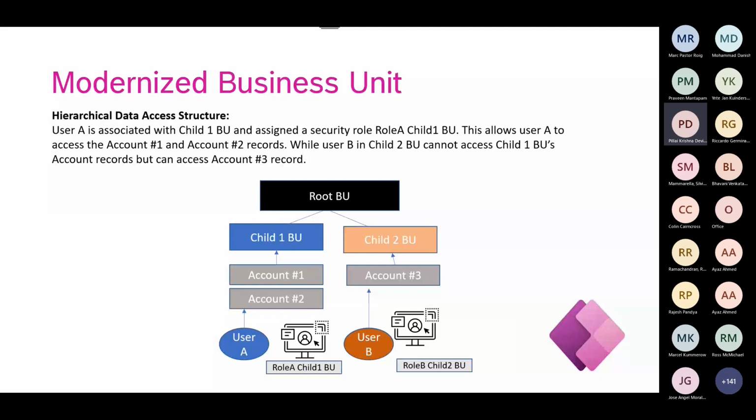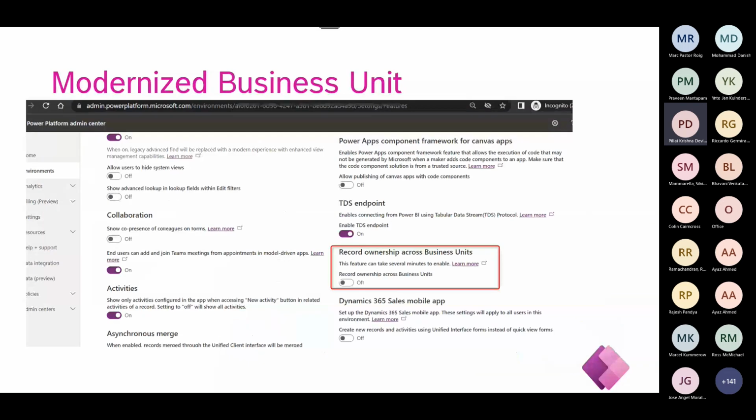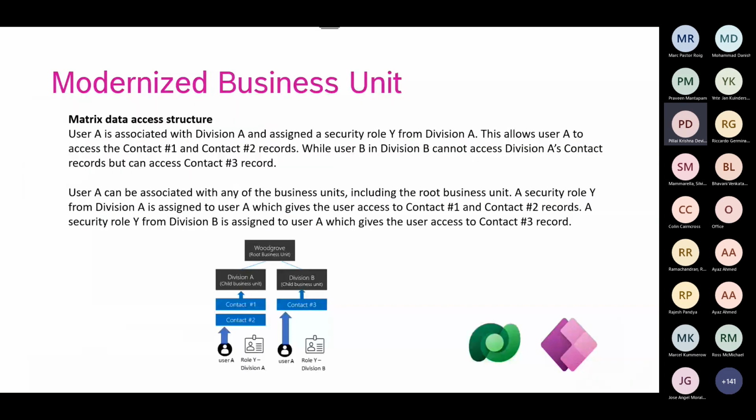And the other way is that we enhanced it to teams. If he's part of the team and any security role is assigned to the team, that level of data is governed by this particular user. Now in this modernized business unit, we went one step ahead, where the system gives us some configuration settings. With these settings, the system allocates the security role of a different BU to this particular user in a different BU.